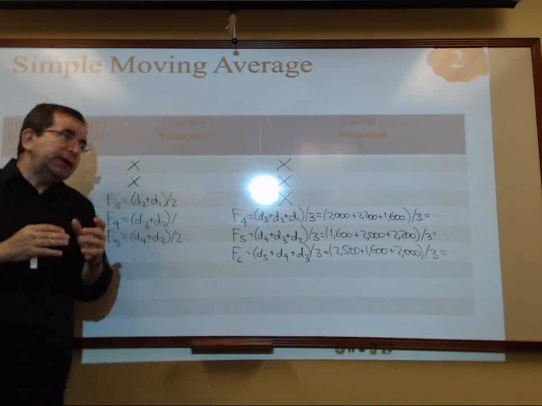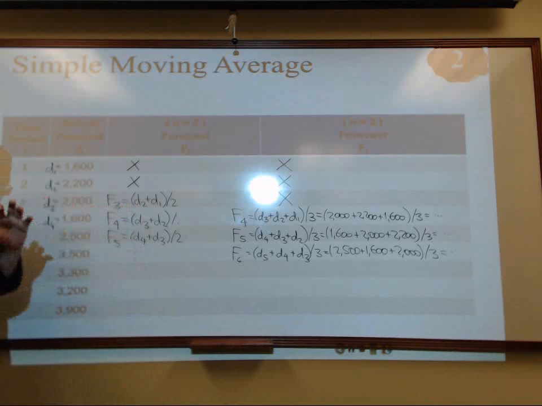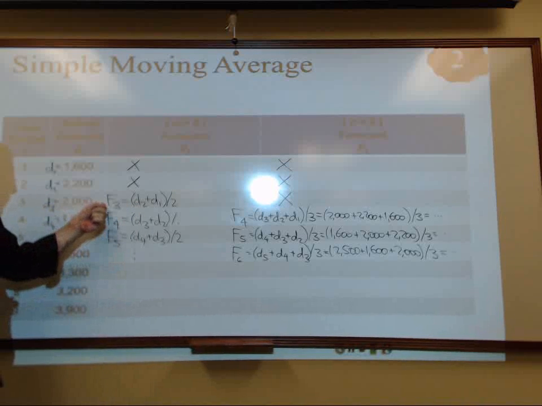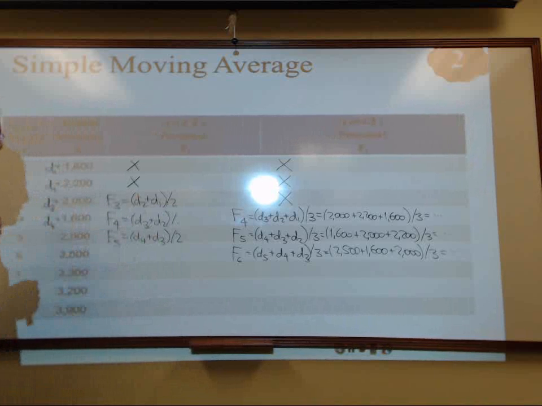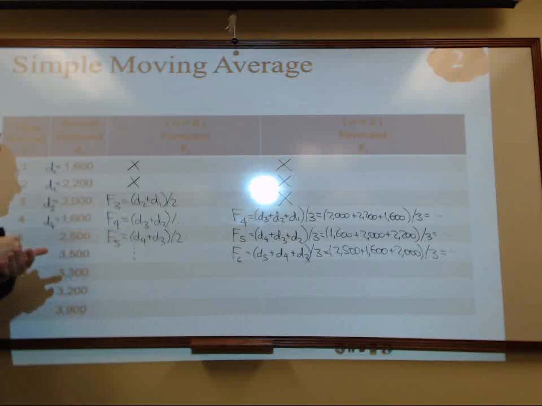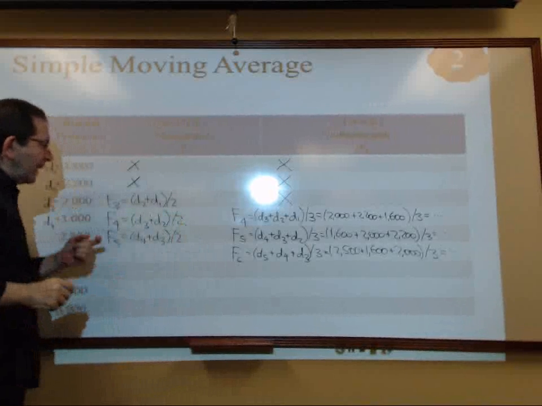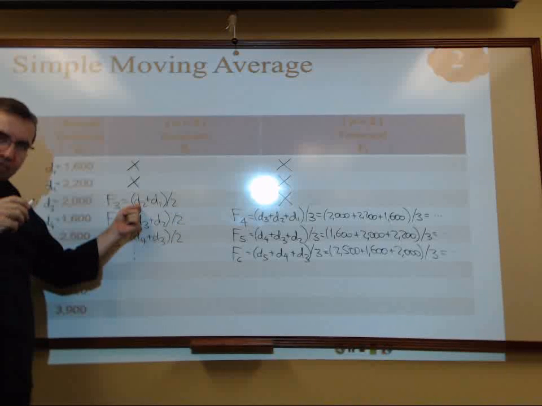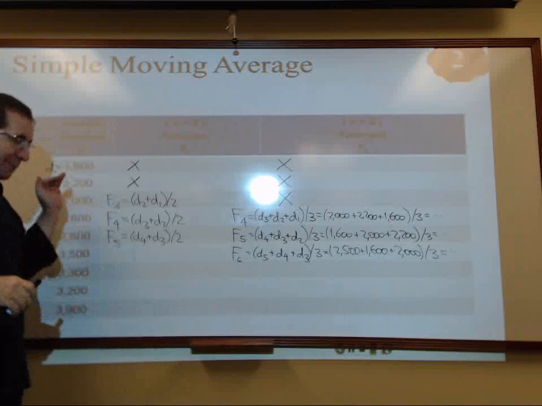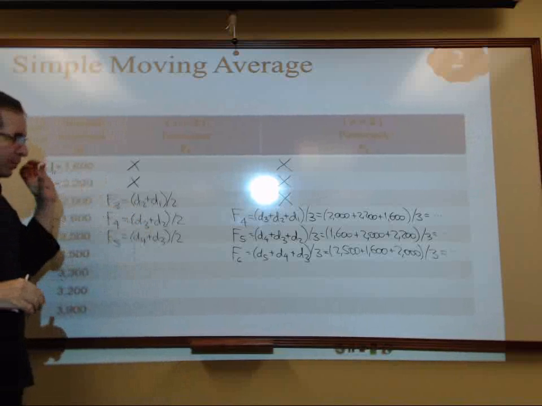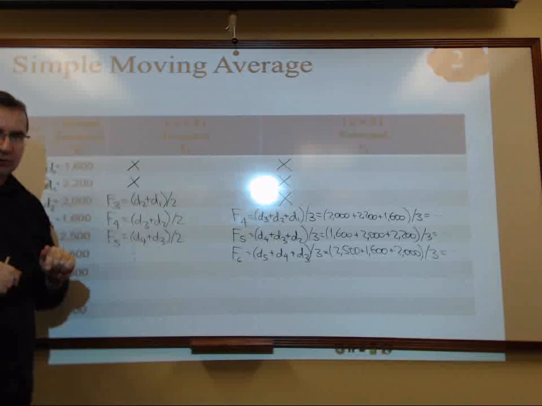So more recent information may be more informative and representative of the future than less recent information. So the idea is we can put more weight on more recent observations than less recent observations. Simple moving average places the same weight, the same importance, on all of the observations.